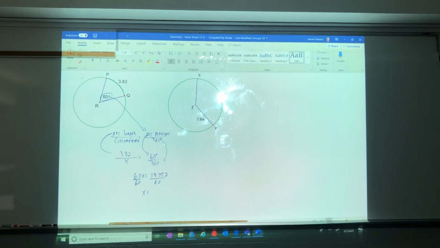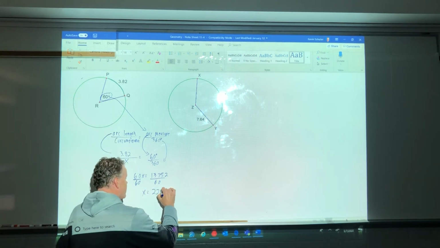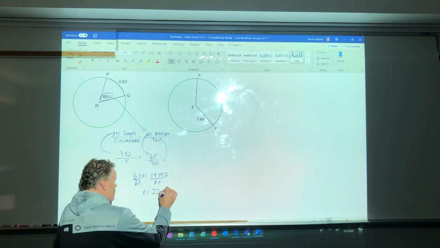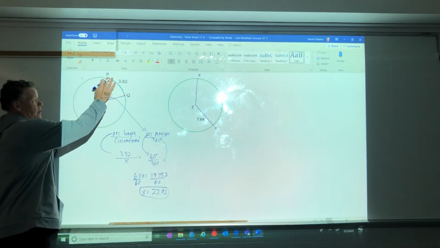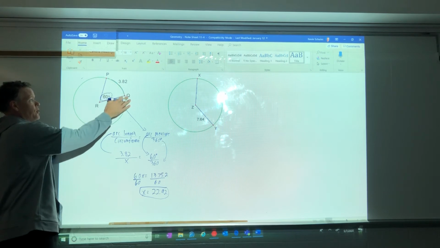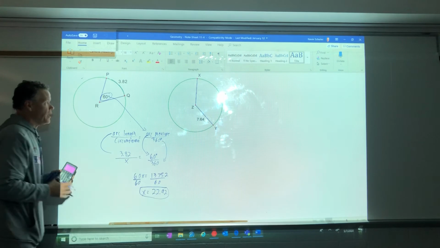Our circumference in this situation is going to end up being 22.92. And our x is our circumference. So, the arc length was 3.82. The circumference, which is the entire distance around, is going to be 22.92.